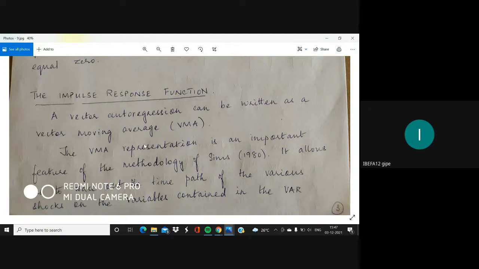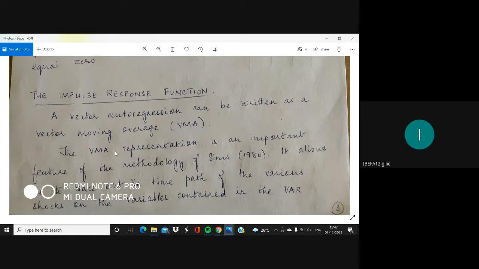Let me know if you're not following at any point. Now the VMA, or vector moving average representation of a VAR model, is a very important feature of the methodology introduced by Sims in 1980.